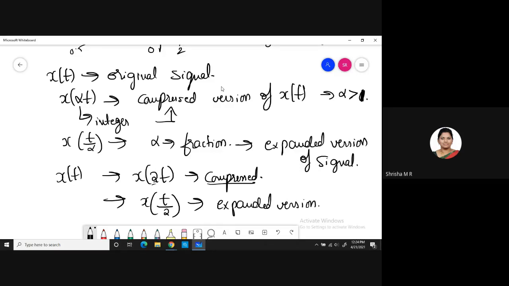Is it clear? So you can take alpha less than 1 also. It might be point values like x of 0.5t, or you can take t by alpha. It depends. Clear?